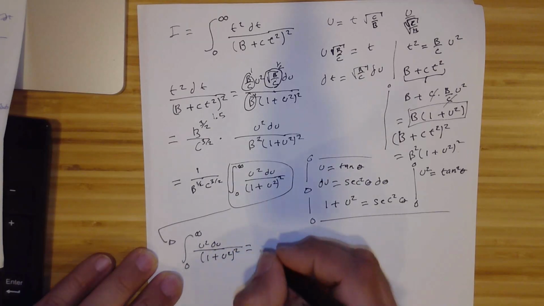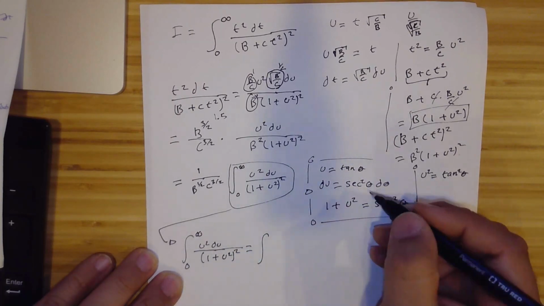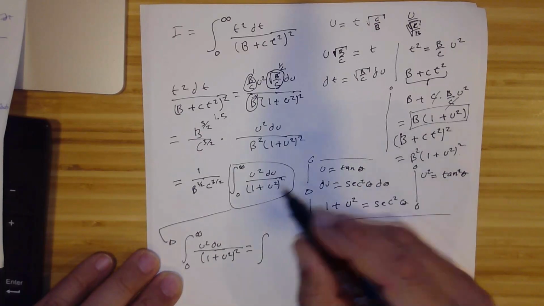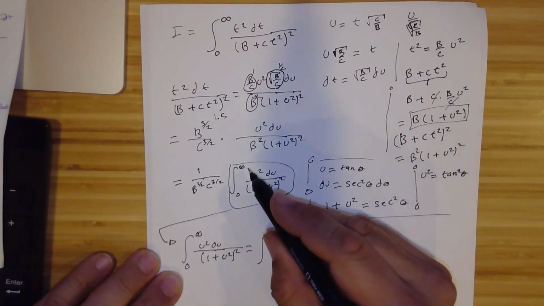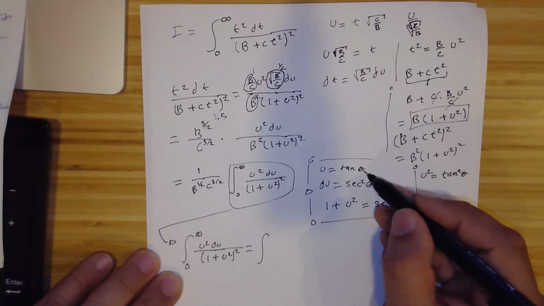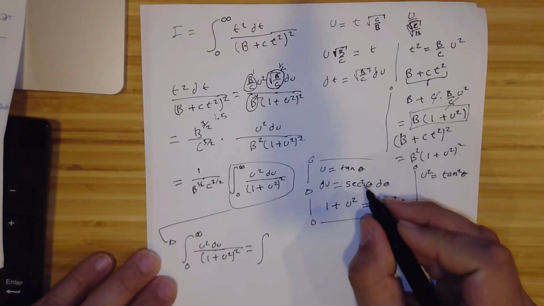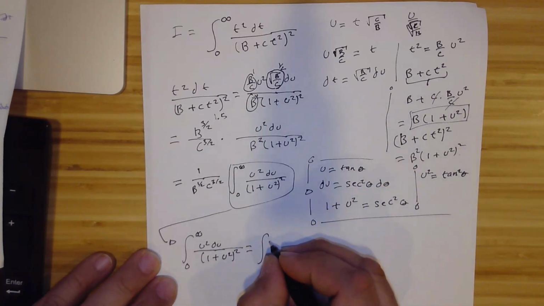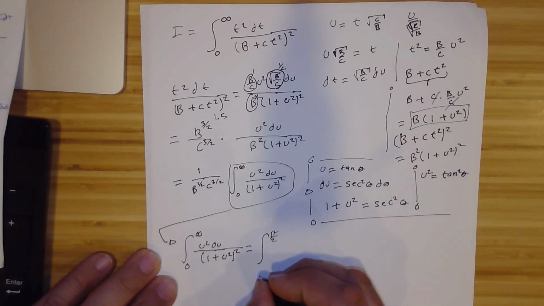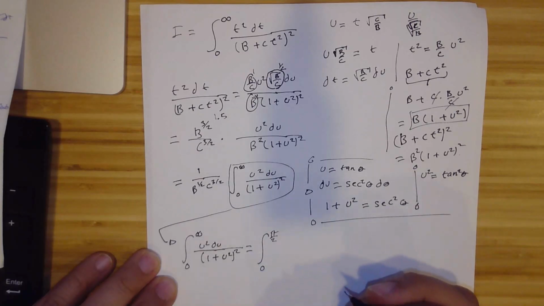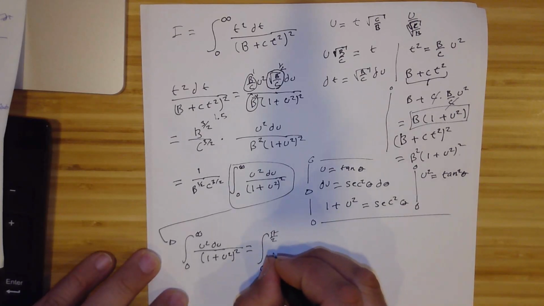This is equal to, now the limits will go from 0 to infinity. Here tangent of 0 is 0, but for infinity it will be pi and a half, right? Pi over 2. Okay.